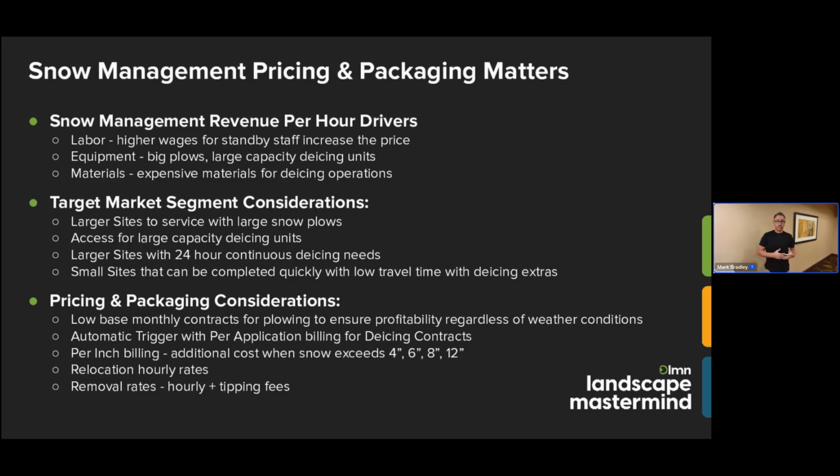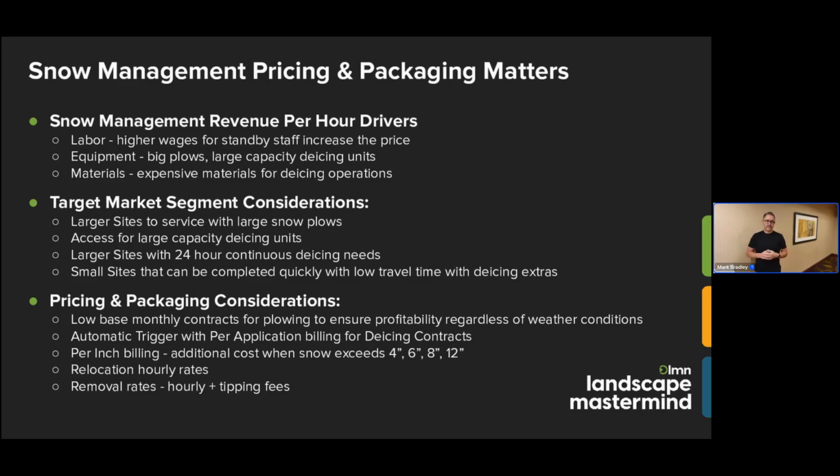And this is typically really good when you're looking to get extra billable work or higher revenue per hour because you're actually there more often, which is giving you a lot more revenue, but you're doing that high revenue per hour work when you're putting down de-icing product.